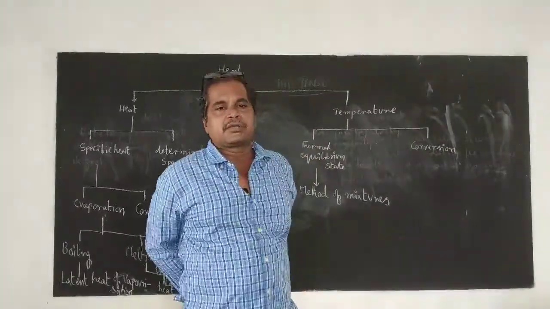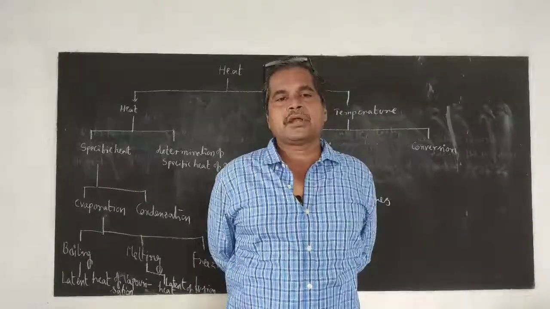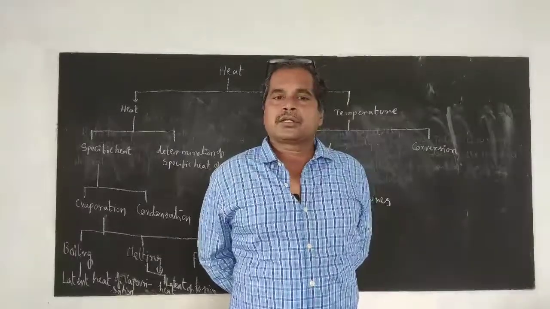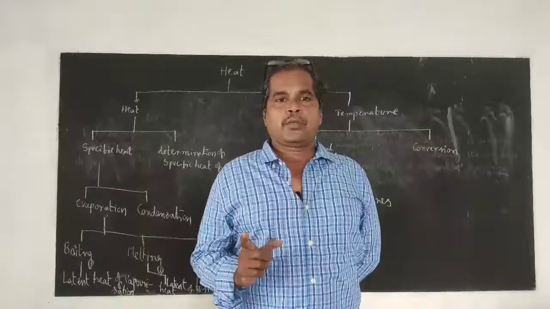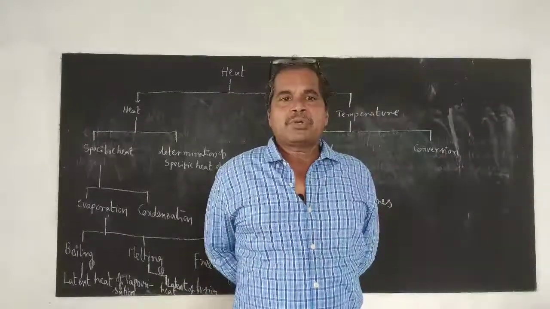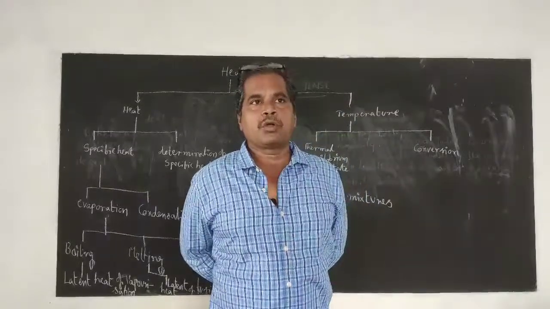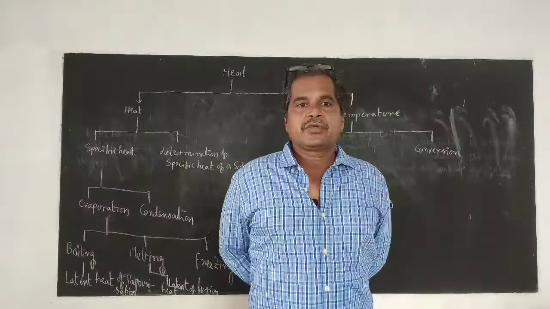Now, thermal equilibrium state. What is meant by thermal equilibrium state? If any two objects which have different temperatures come into contact with each other, what happens? The heat energy transfers from hotter body to cooler body. How much time does this transfer take place? Here we get one doubt.